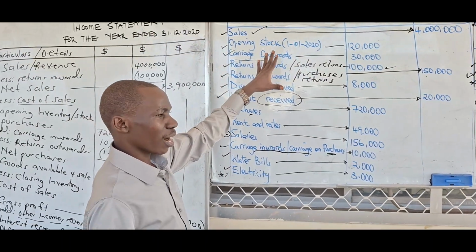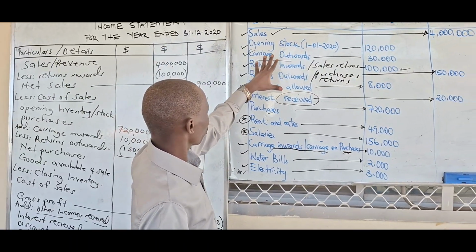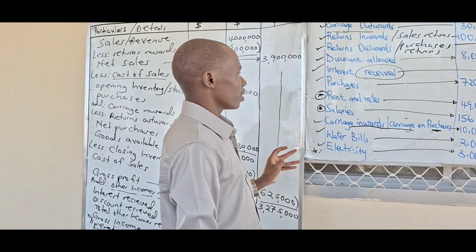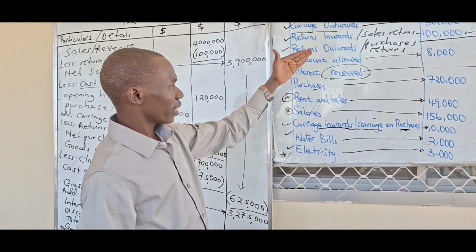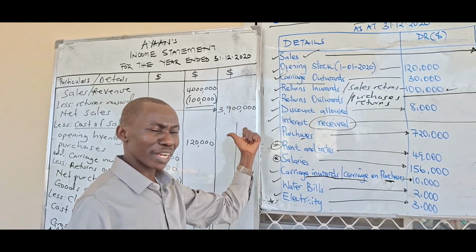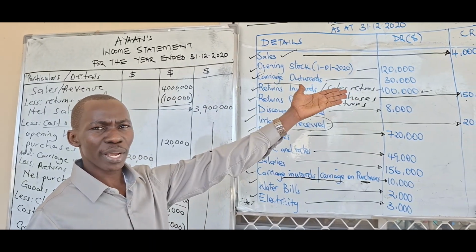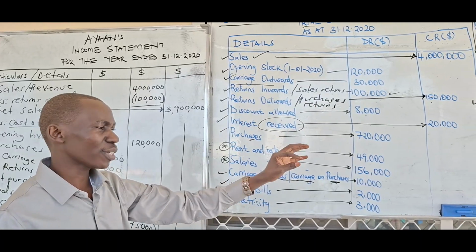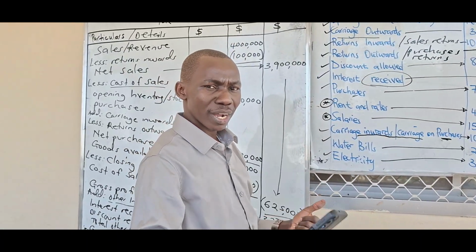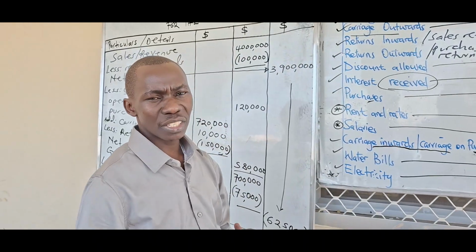Now, when you look at our question, I have tried to look at each and every item of what we call your nominal accounts, like the revenues, expenses, the losses, all that are included in the income statement. The only item I have not included in our income statement is capital. Remember, I told you income statement will only record the nominal account. Which nominal account? Those accounts that talk about incomes, expenses, gains, losses.